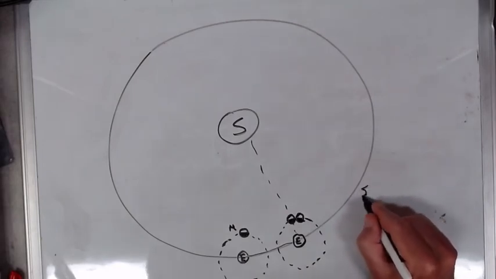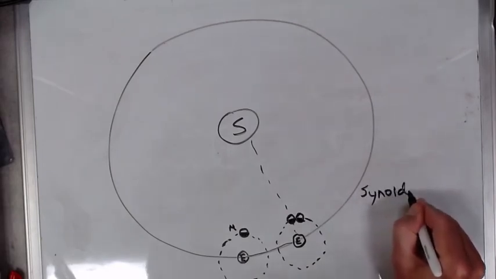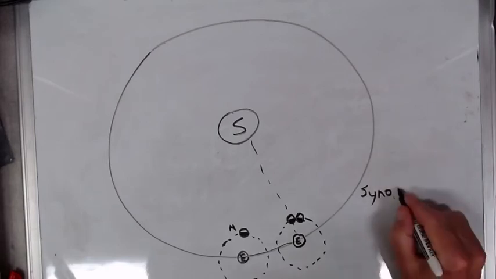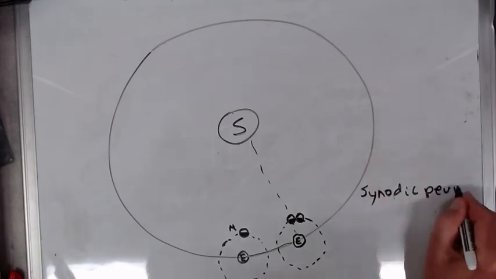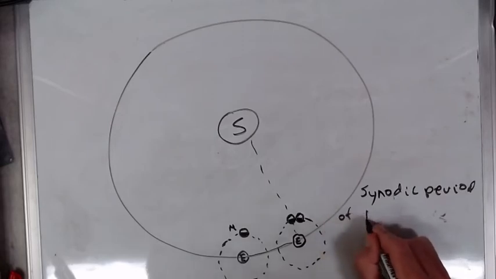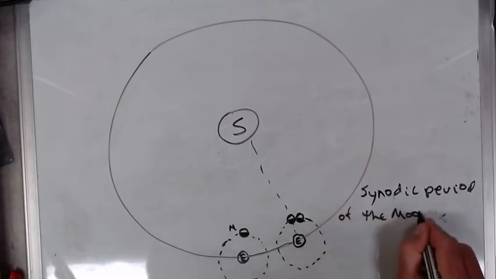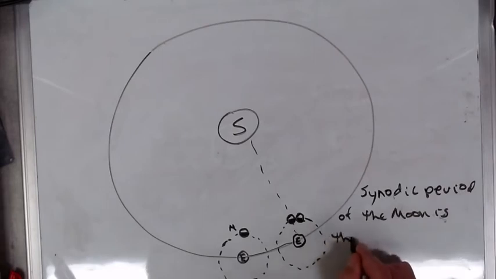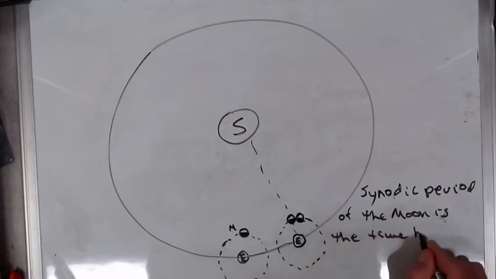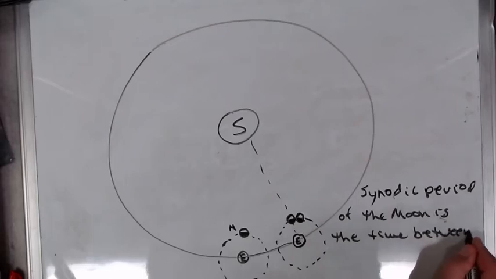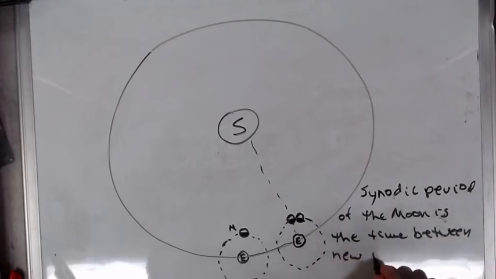And so the synodic period is about 29.5 days.